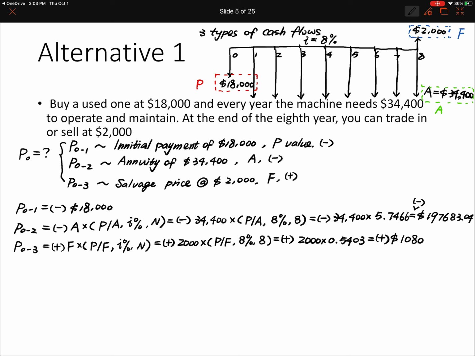Positive, do the calculation, it is 1080.6. So now you have already converted all the 3 types of cash flows back to the present time. And then you can sum them up to find out the P0. So P0 is P0 part 1 plus P0 part 2 plus P0 part 3. Okay, and P0 part 1 is negative 18,000.